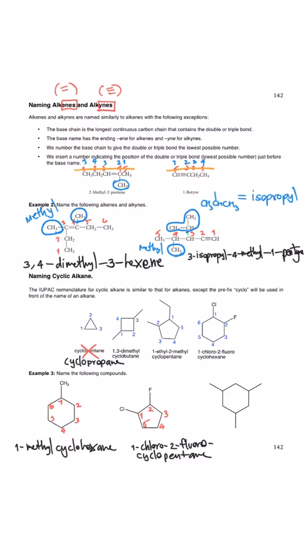Now let's take a look at the next one. Okay, so next one, 1, 2, 3, 4, 5, 6, right? It doesn't matter which one you count because all of those attachments are the same. So this one I will just give 1, 2, 3, 4, 5, 6, and you will see that carbon number 1, 3, and 5 are attached to the same group, which is the methyl group.